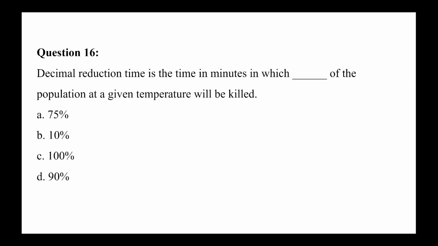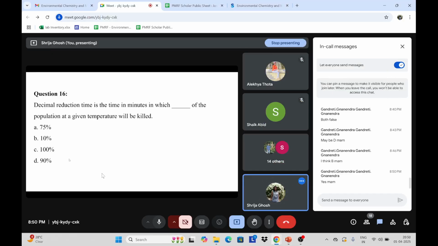Option A is 75%, Option B 10%, option C 100%, and option D 90%. What do you think would be the correct answer? Write your answers in the chat box.